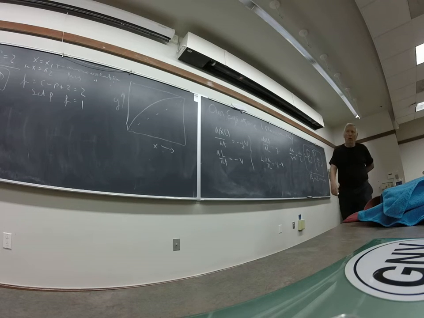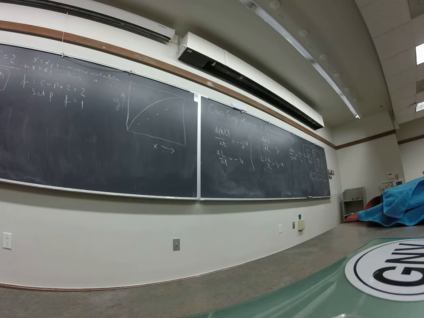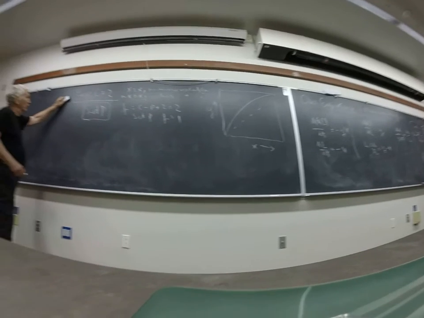Now, it may be that you want L. It may be that you want x. It may be that you want other things. So the first thing to do is to decide how we're going to look at this equation. And we'll look at it as follows.